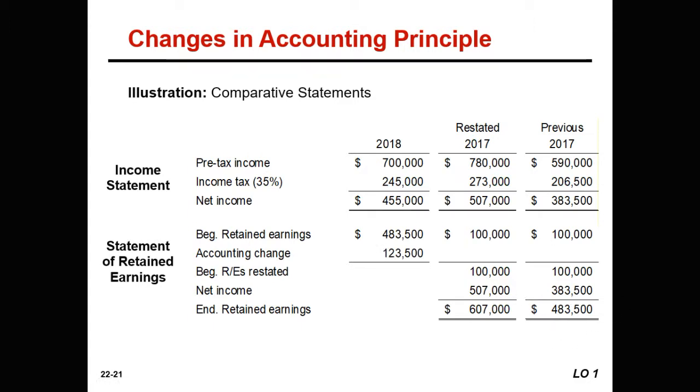We have the accounting change of $123,500, giving us a new beginning retained earnings of $607,000 here underneath the restated. We had net income of $455,000. That's going to give us retained earnings of $1,062,000.